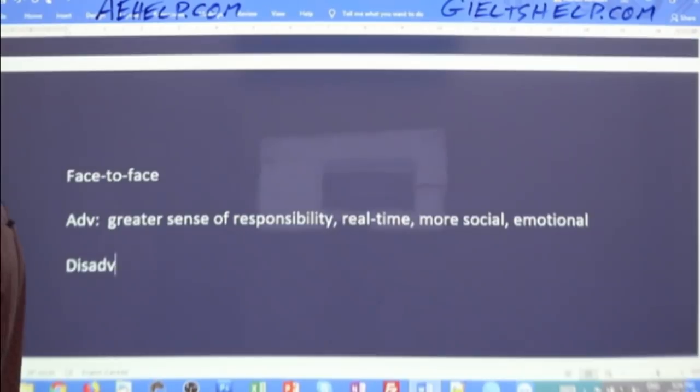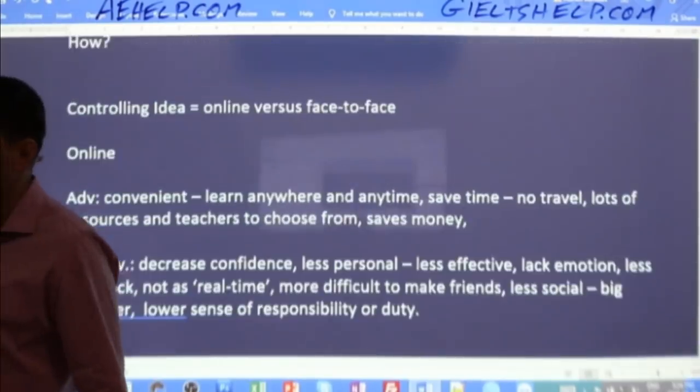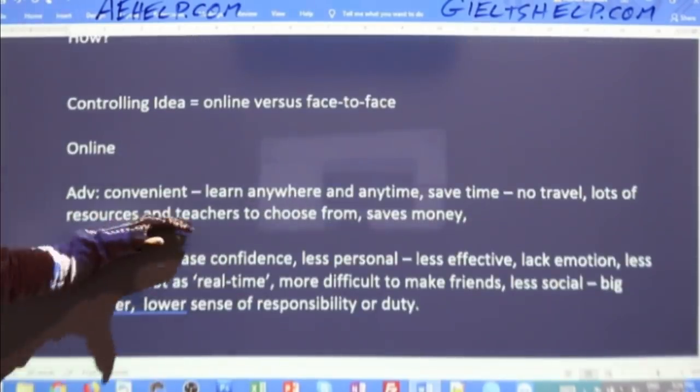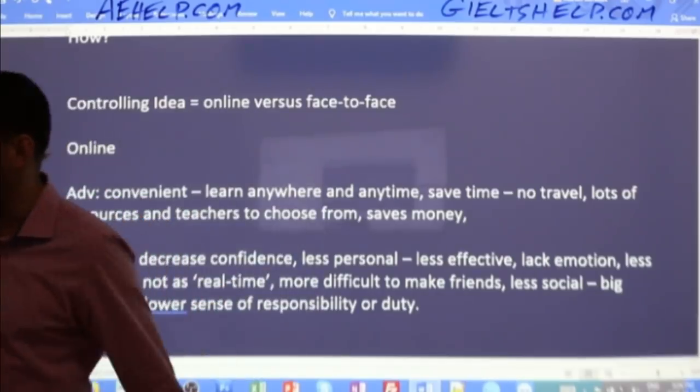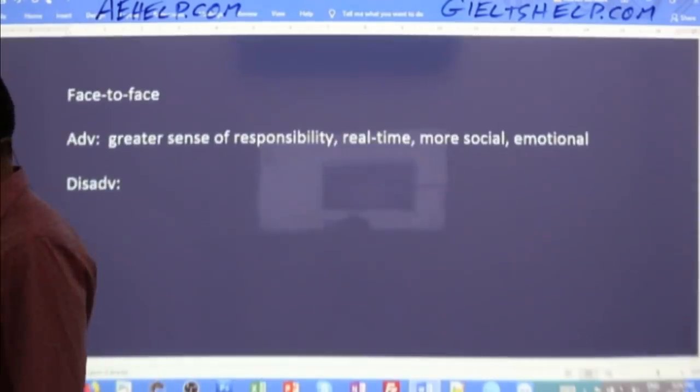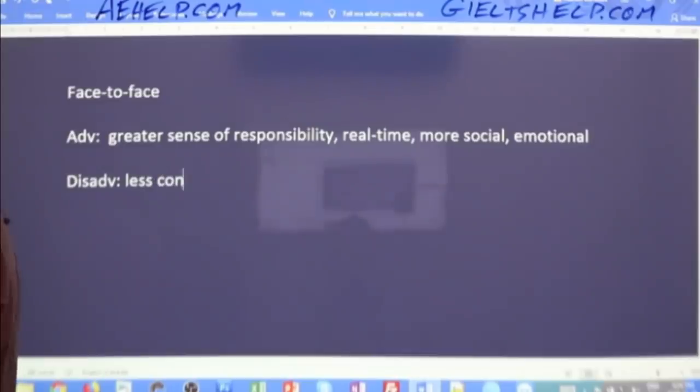Disadvantages, we can basically take the opposite of the advantages here. So it's less convenient, more expensive. More expensive and less choice, right?